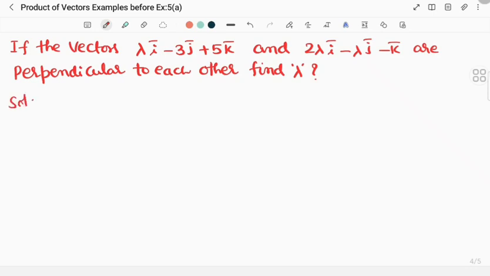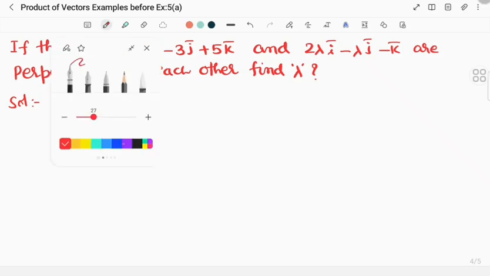So we know that for two vectors to be perpendicular, obviously their dot product has to be 0. So that only I am going to apply, dear students.